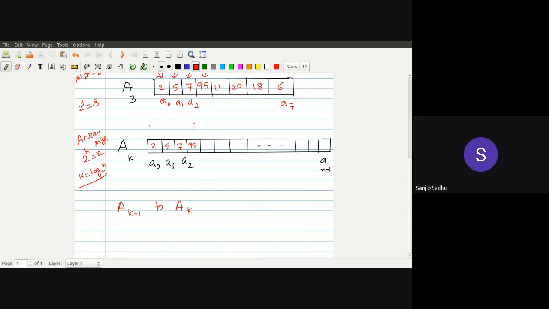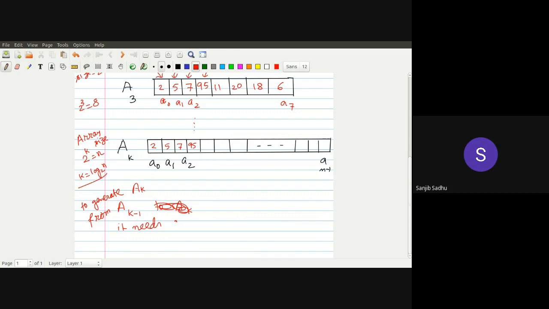We have A(k minus 1), the previous array. To generate Ak from A(k minus 1), it needs how much time?